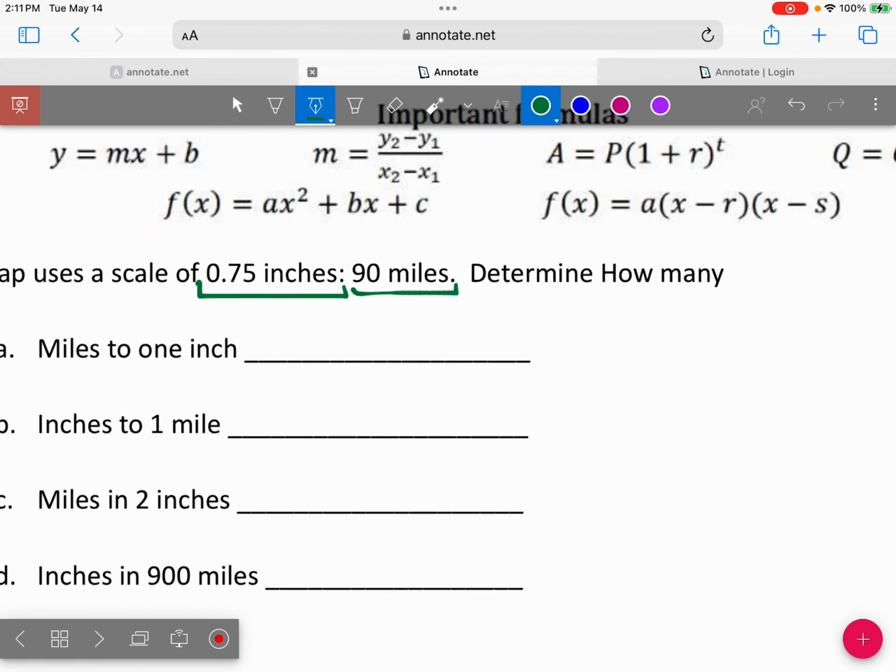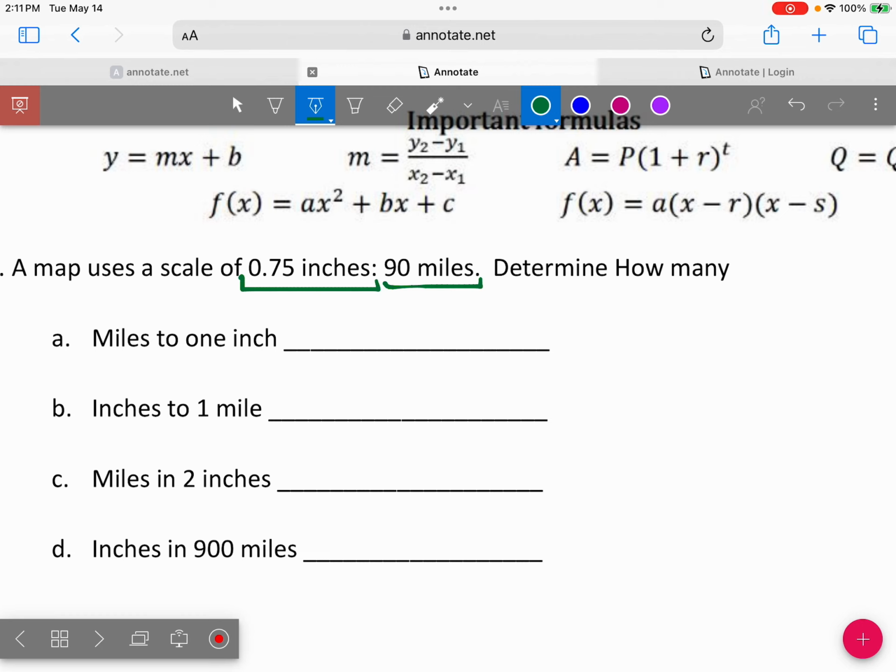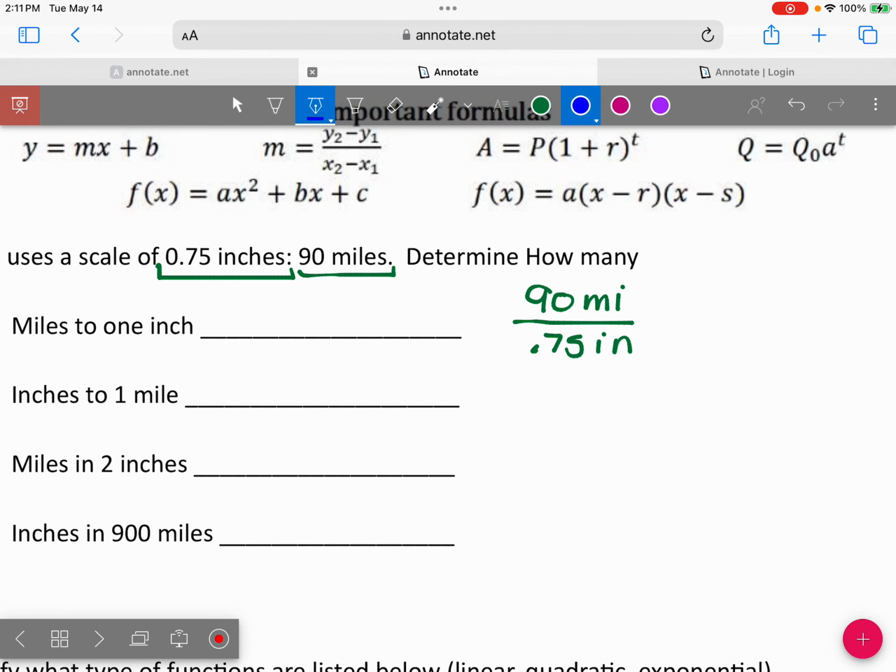So the easiest way to set this up would be to take my 90 miles over my 0.75 inches. And if we put this in a calculator, that's going to give us over 1. It's simplifying it to be over 1.